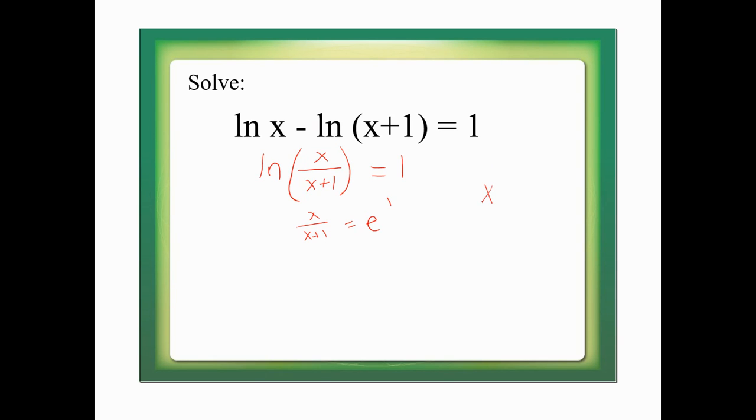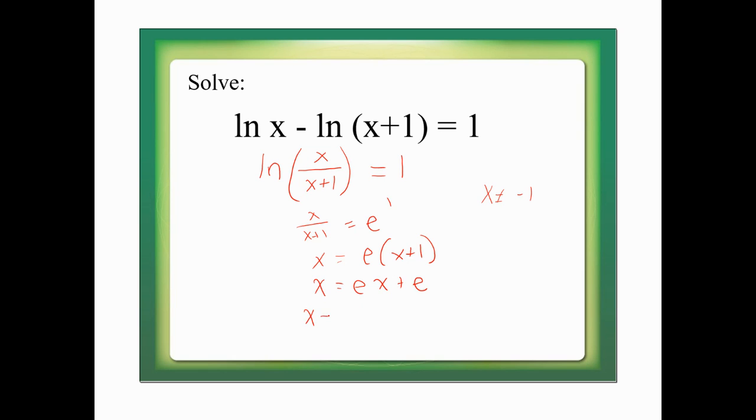We know that x can never be negative 1 because of x plus 1 in my denominator. We don't ever want that to be 0. And now we can solve. e to the first, as we know, is e, times x plus 1. And we can distribute. And we can subtract e.